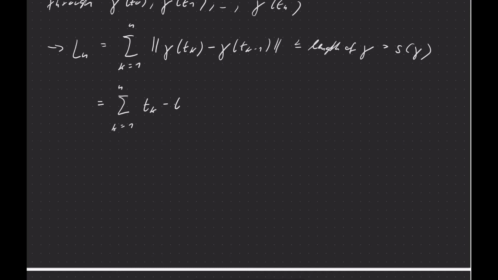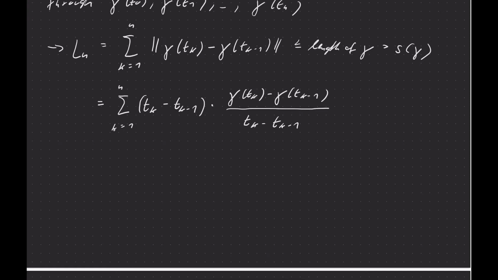tk minus tk minus 1. tk is always bigger than tk minus 1, so we don't need an absolute value here. So this is the length of an interval for two subsequent points. And if we want to reformulate it like this, well, we just have to put this gamma of tk minus gamma of tk minus 1 here that we actually want. Divide that by tk minus tk minus 1.